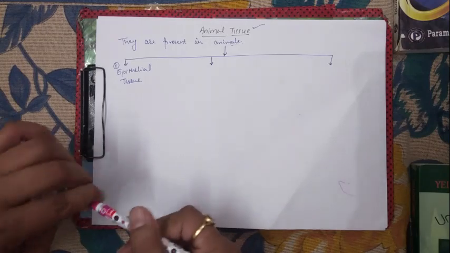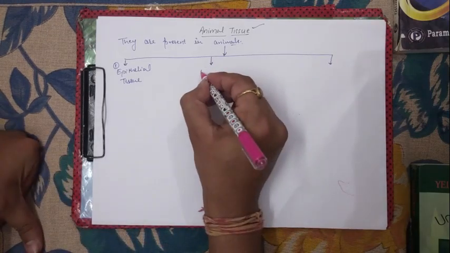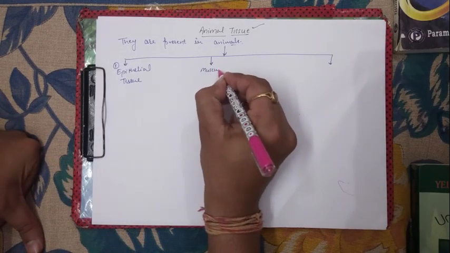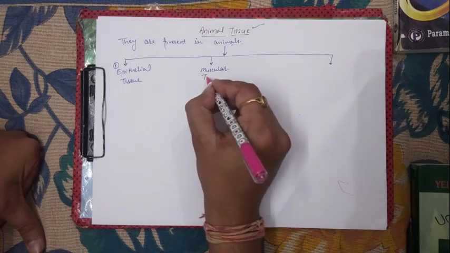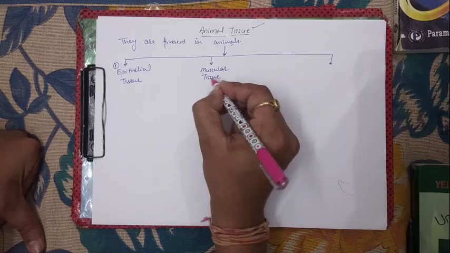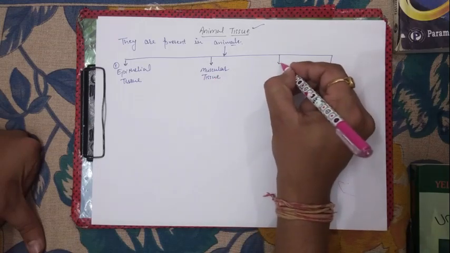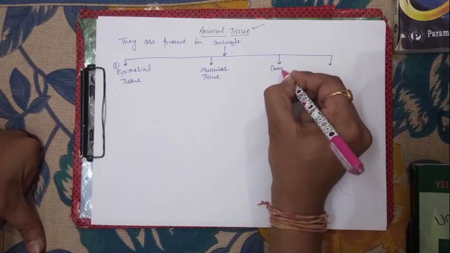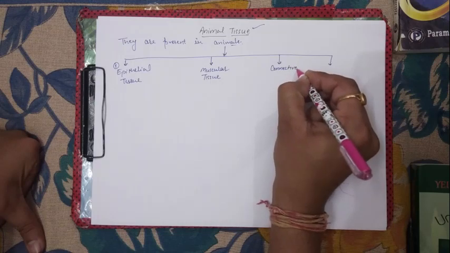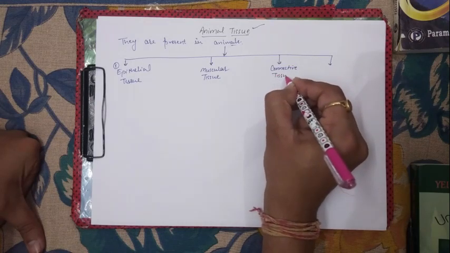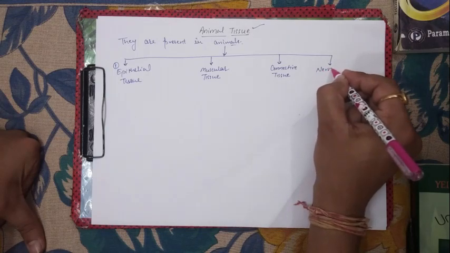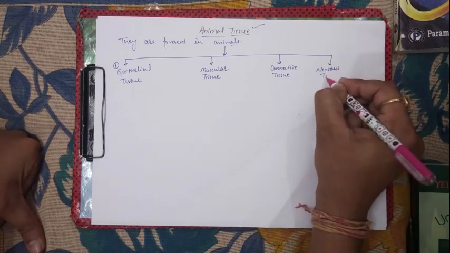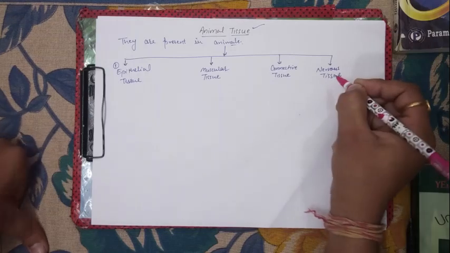Second, muscular tissue. Third, connective tissue. And a fourth, nervous tissue.